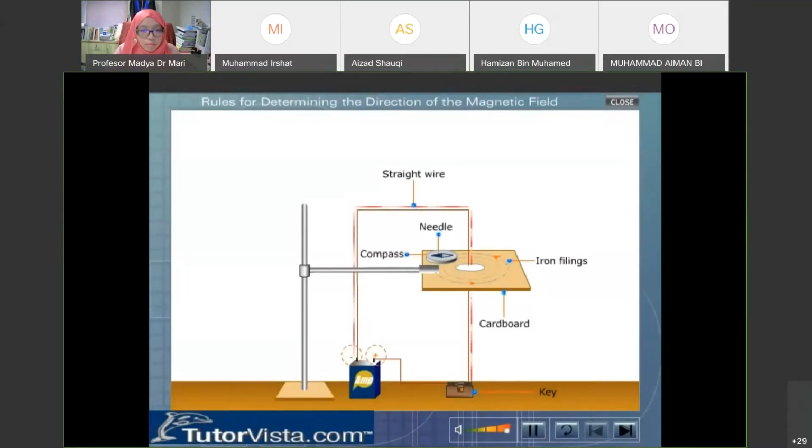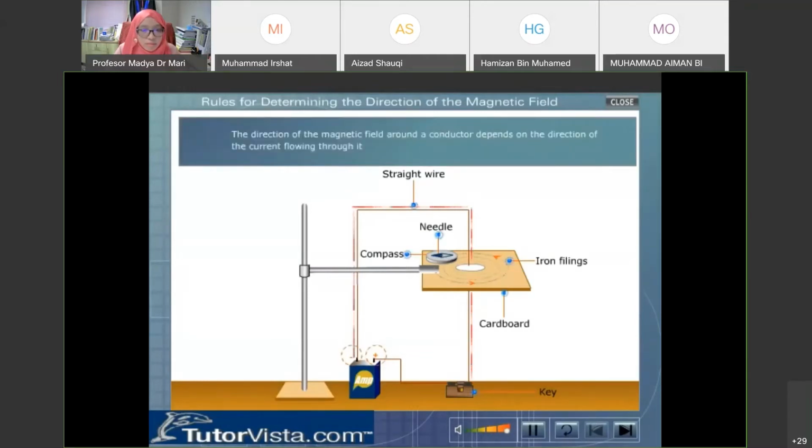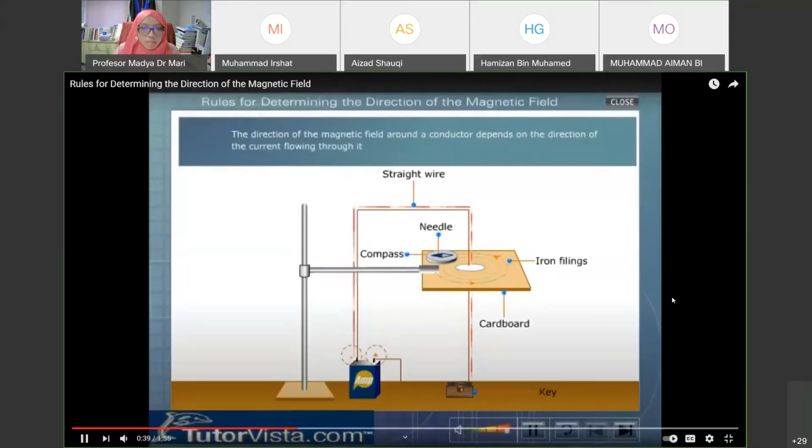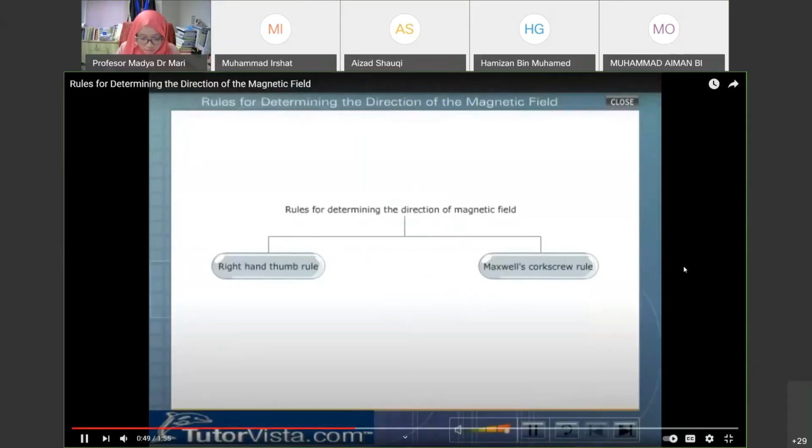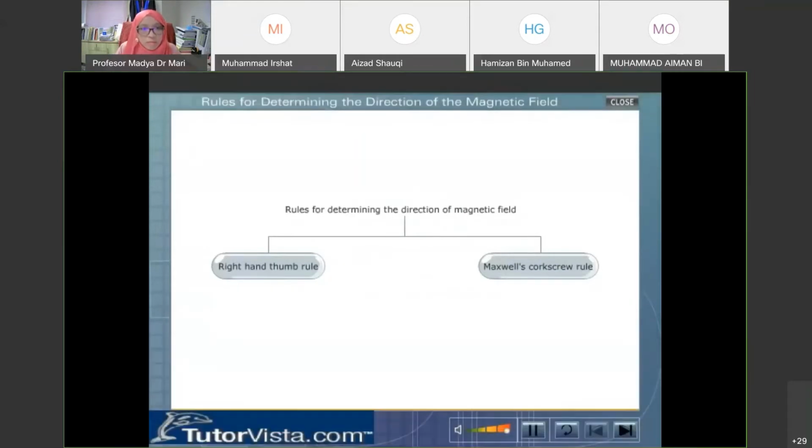The deflection of the needle is reversed in these cases. This shows that the direction of the magnetic field around a conductor depends on the direction of the current flowing through it. Instead of using a compass needle every time, we can determine the direction of magnetic field by using rules like right-hand thumb rule and Maxwell's corkscrew rule.